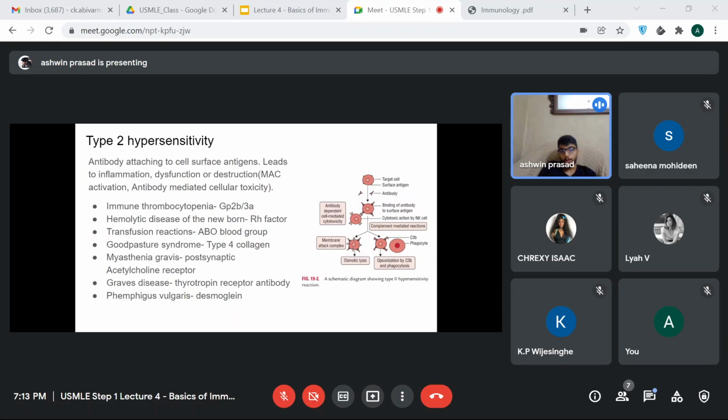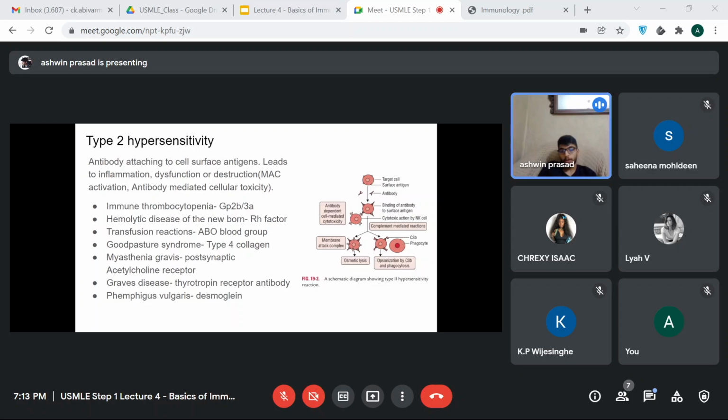Platelets usually have projections on their cell surface, one of which is called GP2B3A. It's important once we learn about hemostasis and how primary clot and secondary clot is formed, you'll realize why GP2B3A is important. If you develop this condition called immune thrombocytopenia, our body develops antibodies against this particular antigen. So if they see this particular antigen on the surface of a platelet, the antibody goes and attaches to it, and then there's inflammation of the cells because of all the cells that we've mentioned, like macrophages or complement components and all of that.